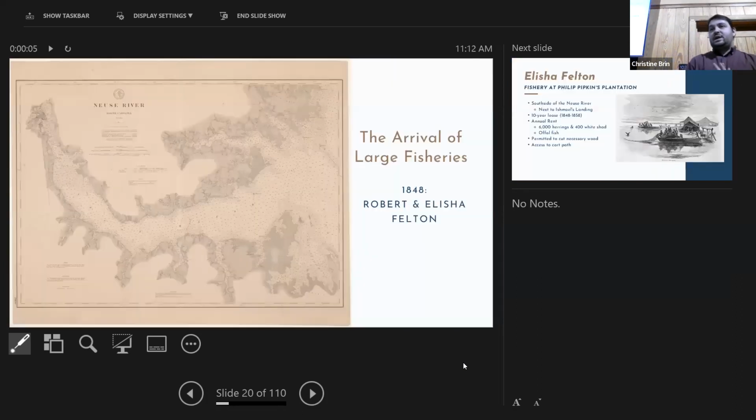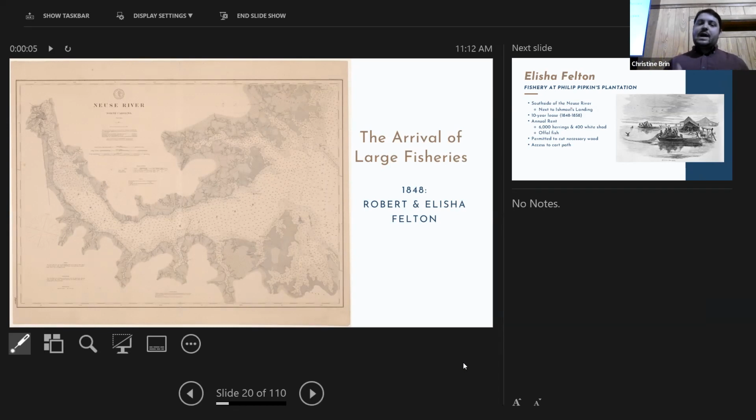Then in 1848, you have the arrival of the large Holstein fisheries on the Neuse River, and these fisheries were going to be located below New Bern. It was Robert Felton and Elijah Felton of Perquimans County, very, very wealthy plantation owners, who owned lots of land, lots of slaves.